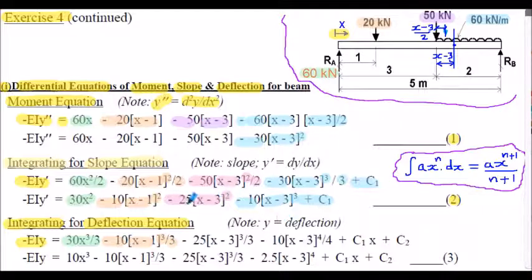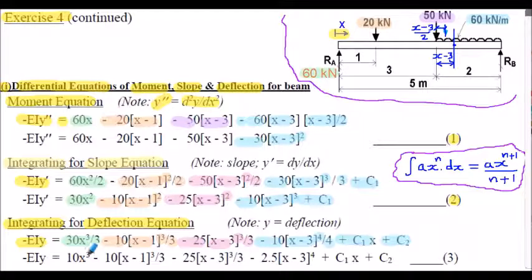Integrating the third term, that becomes negative 25x minus 3 cubed upon 3. And integrating the fourth term here, that becomes negative 10 multiplied by the x minus 3 all raised to the power of 4 upon 4. I have to integrate the constant c1, so that becomes plus c1x, and I add my second constant of integration because I've integrated for the second time.